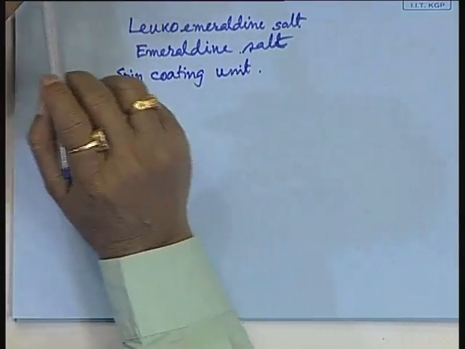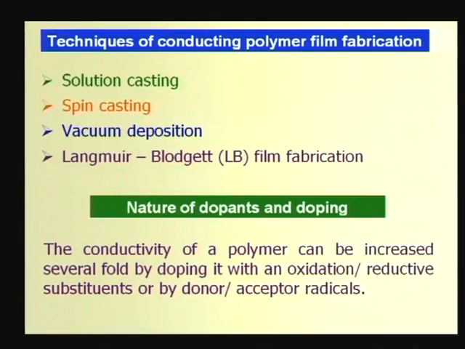Or you can do vacuum deposition, say even polyaniline. Say in your laboratory you do not have this electrochemical synthesis setup, do not worry, you go for this wet synthesis as I described, get a pure and dry polymer powder, polyaniline powder.